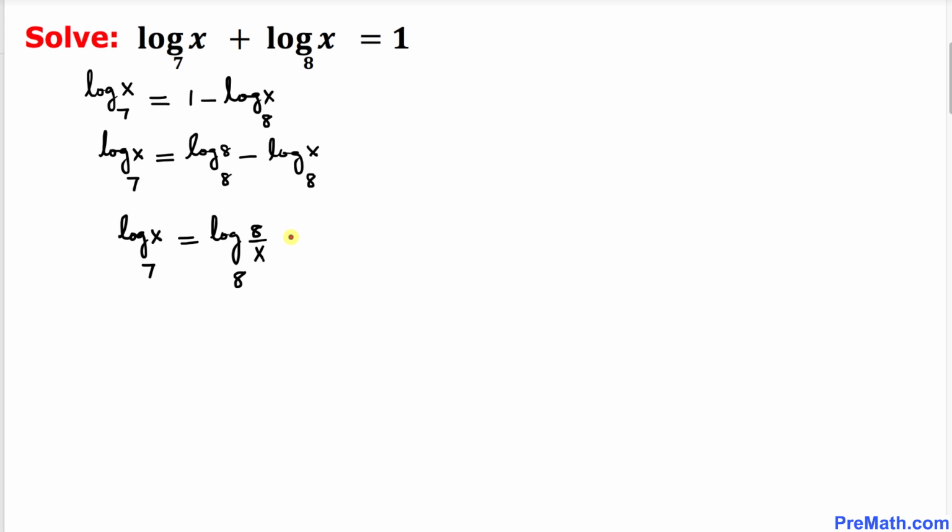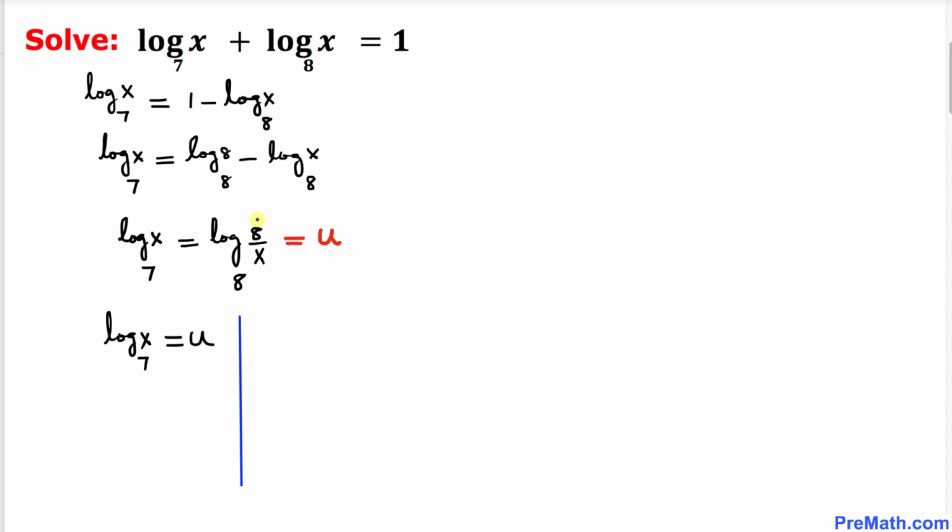Let me equate them with another dummy variable u. I can write log of x with the base 7 equals u, and likewise, log of 8 divided by x with the base 8 equals u as well.